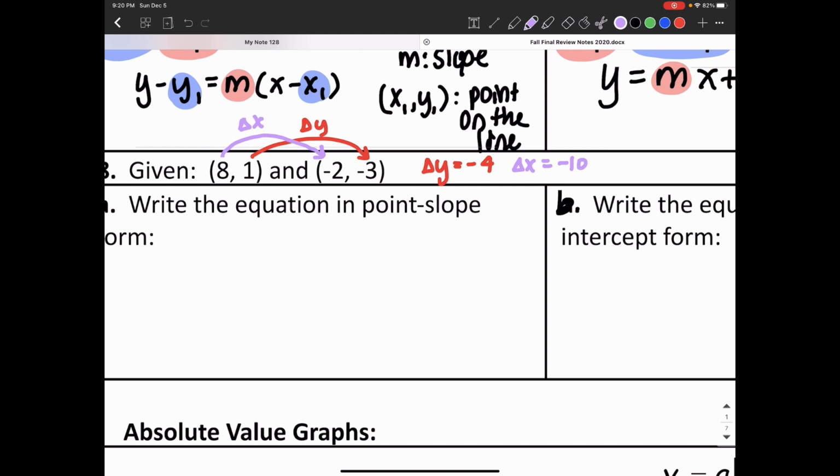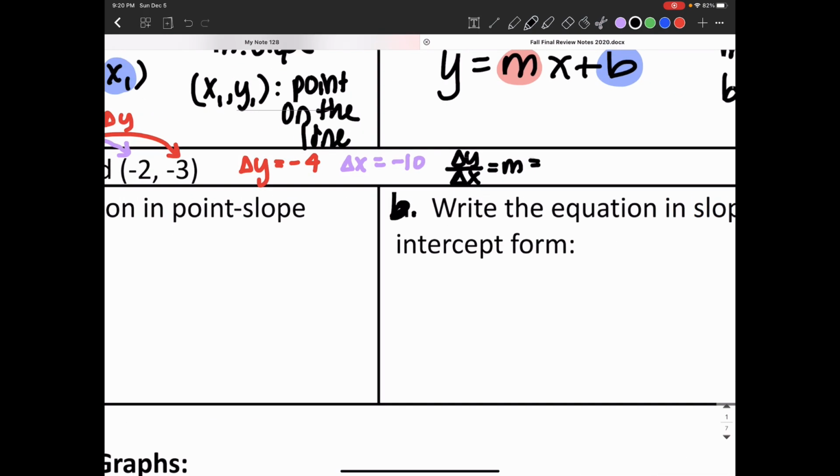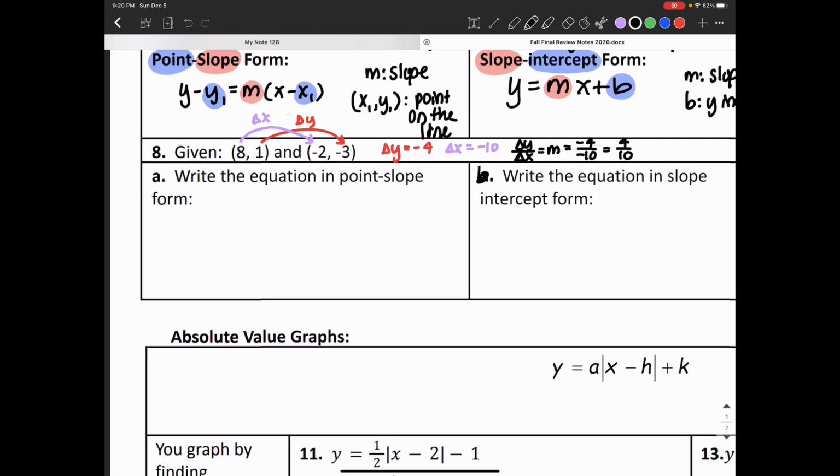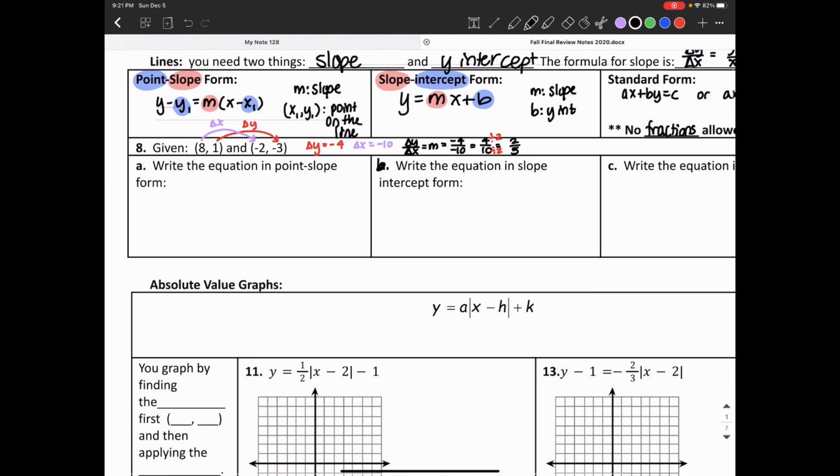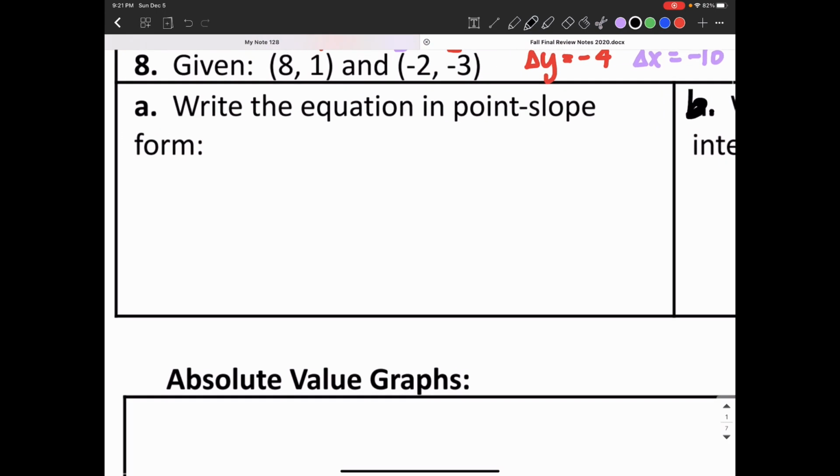So the change in y over the change in x, or the slope, is equal to negative 4 over negative 10, or just positive 4 over 10, because the negatives cancel each other out. I can simplify this, if I divide the top and bottom by 2, I would get 2 over 5. So the slope is 2 over 5.